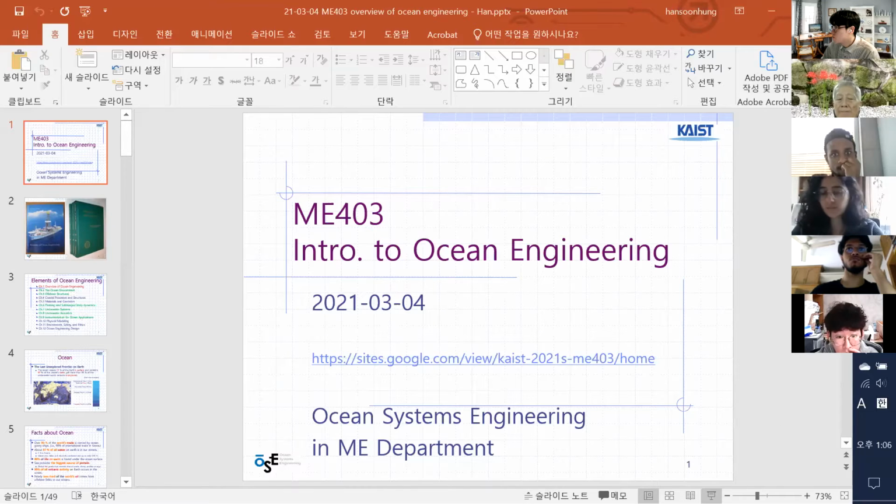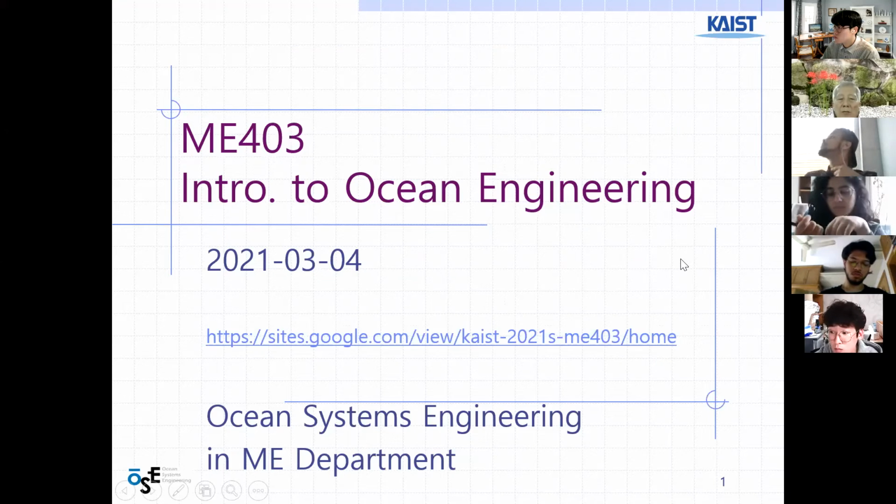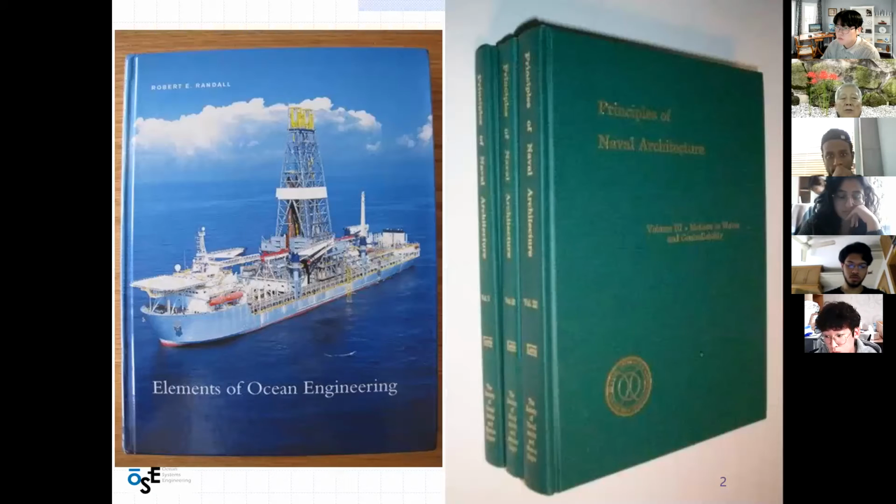So this slide shows the introduction to ocean engineering overview. And you can see the website of this class again. On the left-hand side is textbook number 2, which will be used for ocean engineering. And the right-hand side is just a secondary or subsidiary textbook for naval architecture.